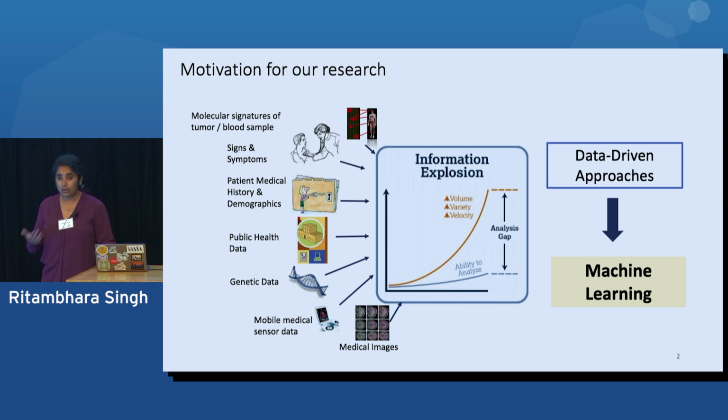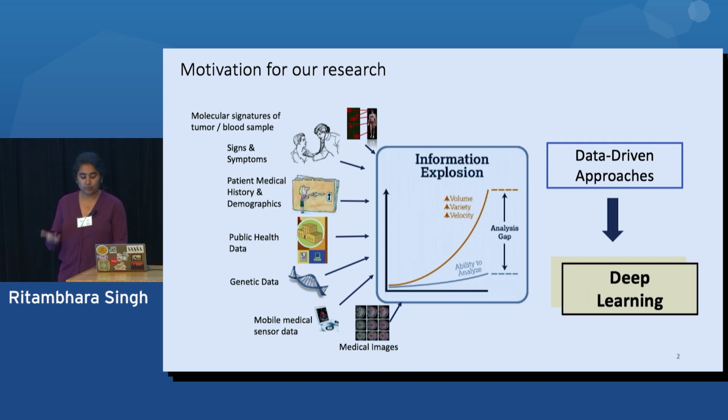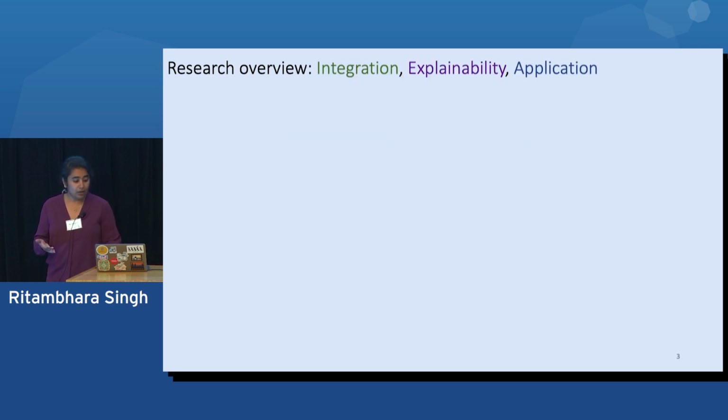Initially, machine learning was a very popular topic. And within machine learning, of course, more recently, just because we have enough volume, deep learning has become very popular and widely used.